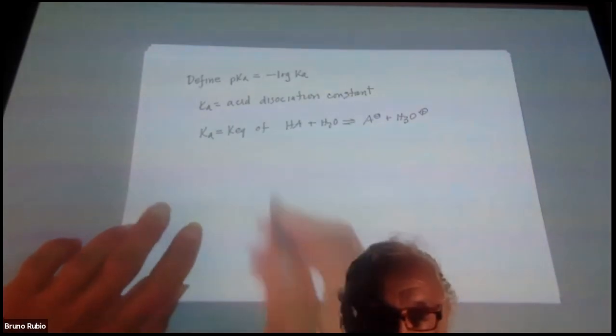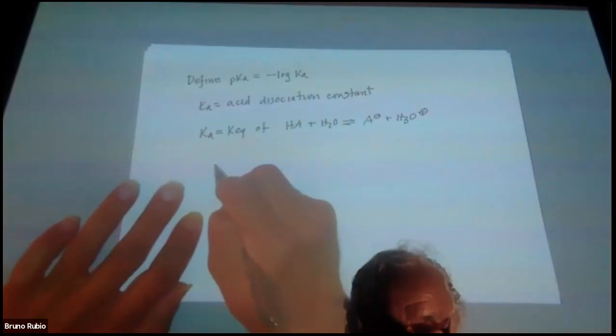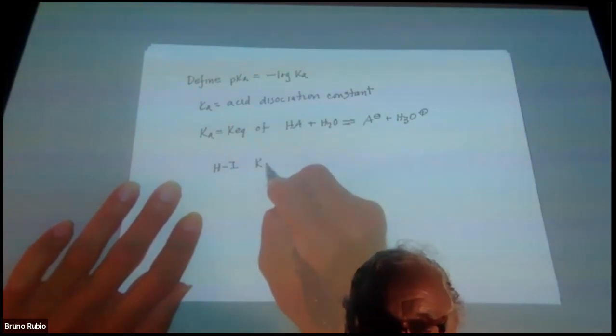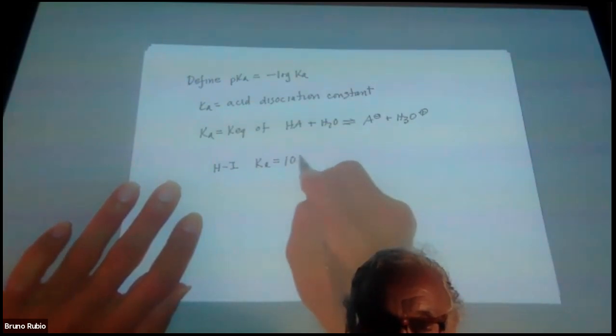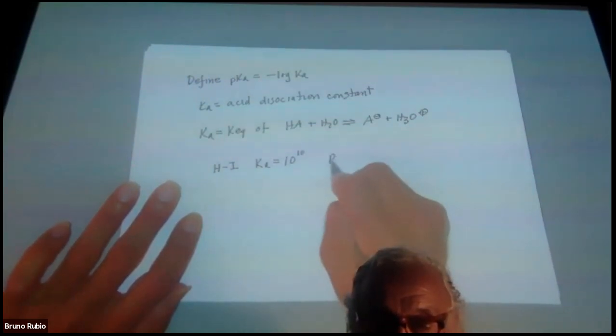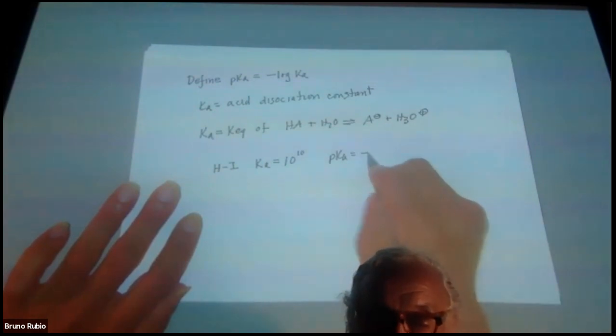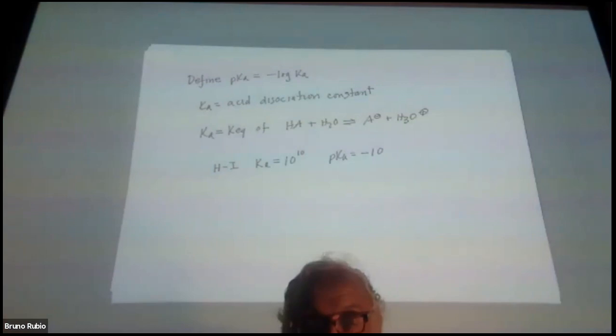All right, so for example, something like HI, whose Ka, as we said before, was equal to 10 to the 10th, its pKa is equal to minus 10. Minus 10 is the negative log of 10 to the 10th.